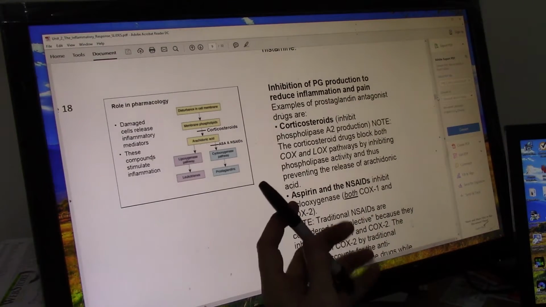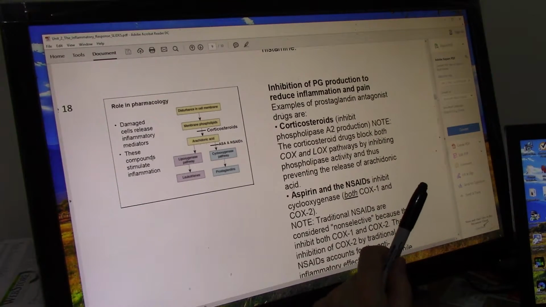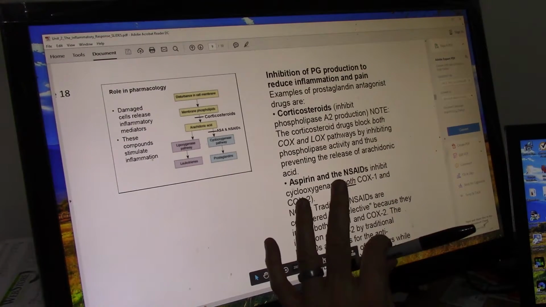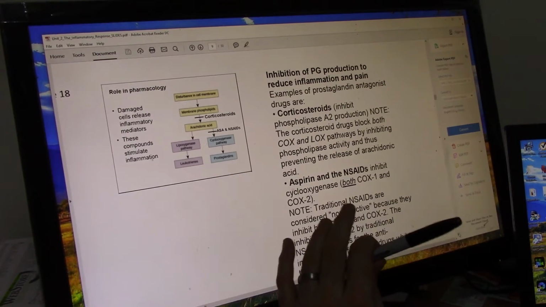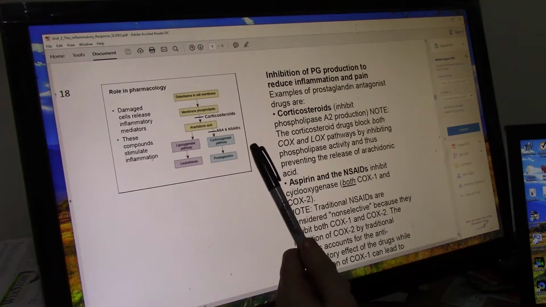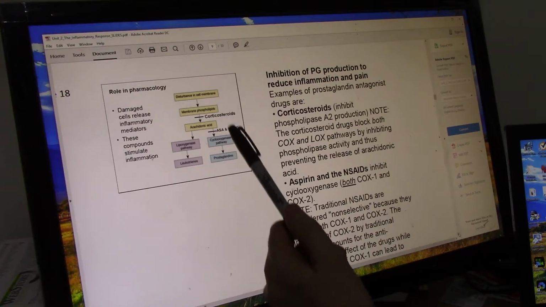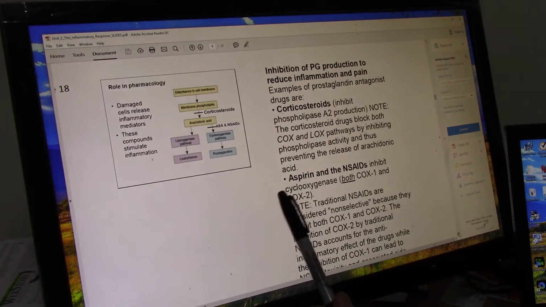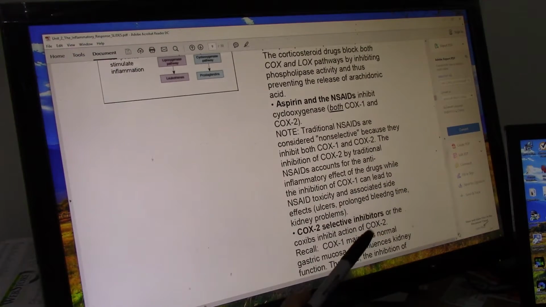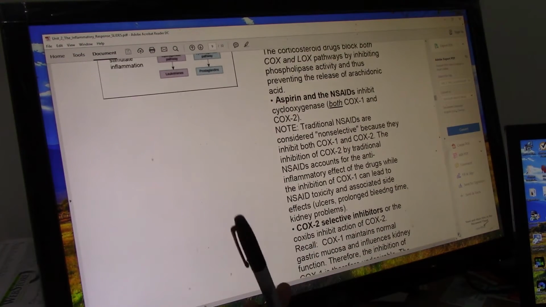That's why somebody that is on an aspirin medication to keep their blood from being too sticky will have a greater tendency to bleed, because one of the reasons is that this pathway is blocked. So that's another function we don't really get into here, but it's certainly there for you to keep in mind.